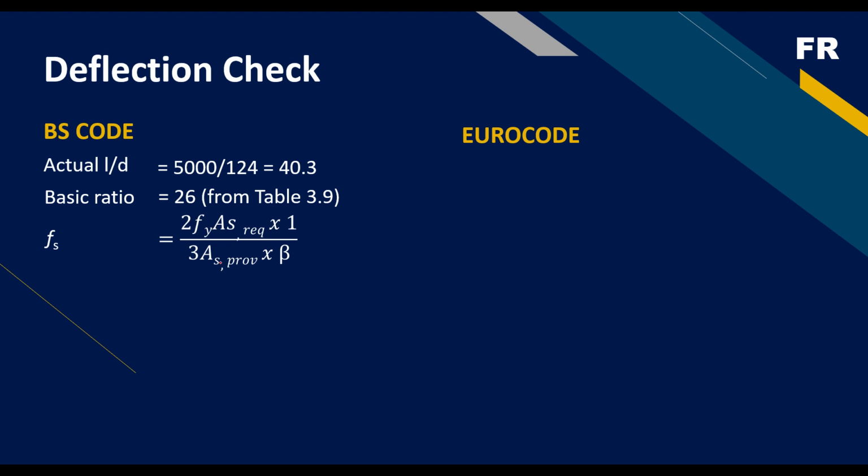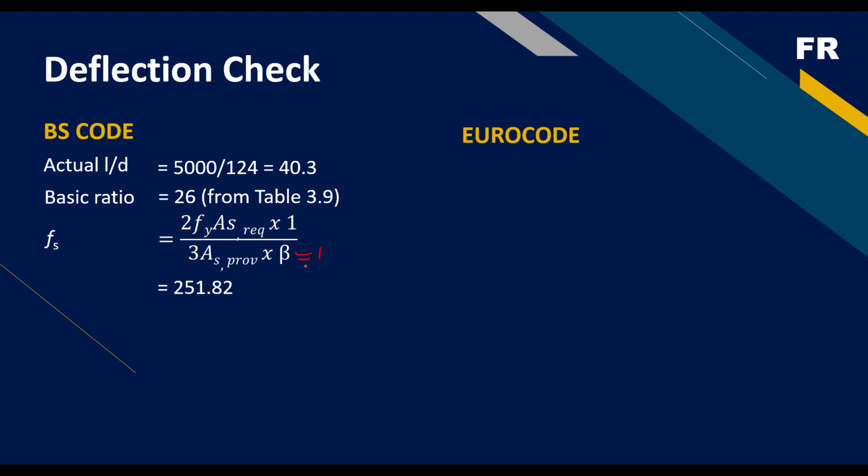Based on our calculation, the BS code has an area requirement of 521, while we provide, if you want to use T12 at 200, 565. So if you substitute Fy, As required, and As provided, with beta usually taken as 1, you end up with 251.82 as your Fs.